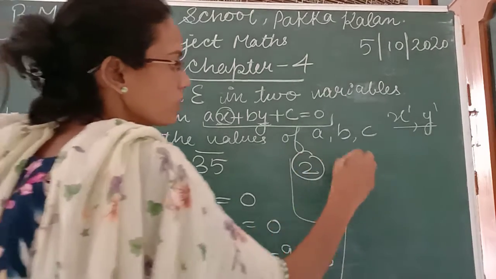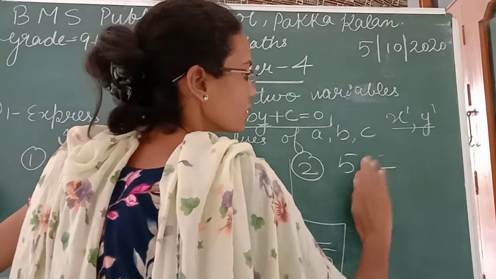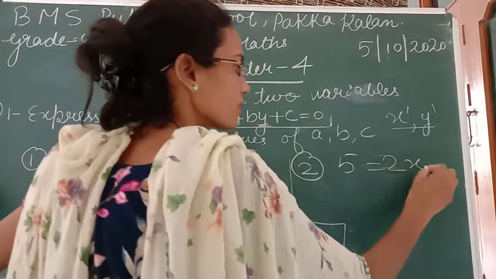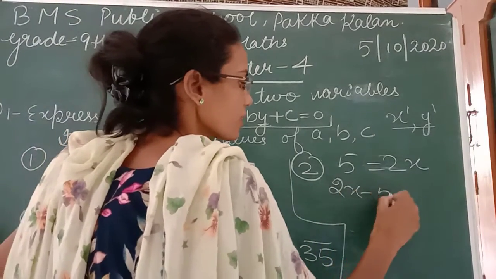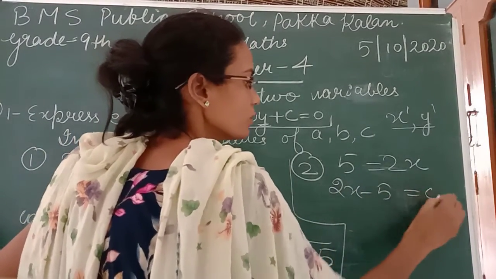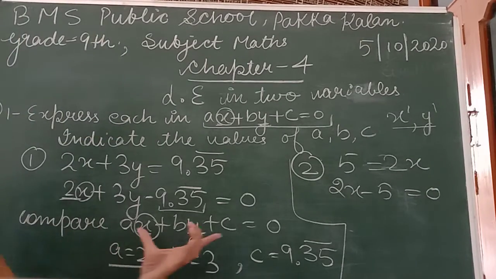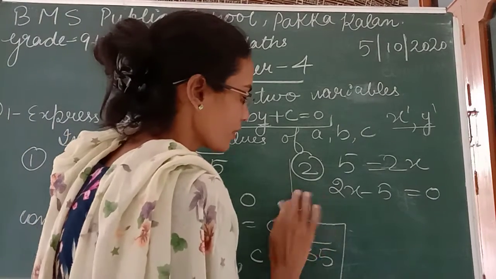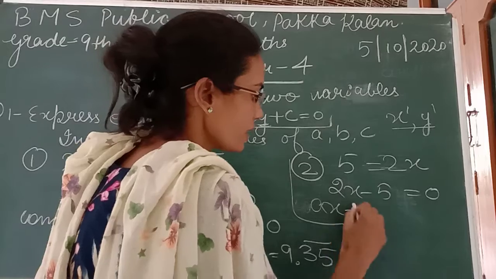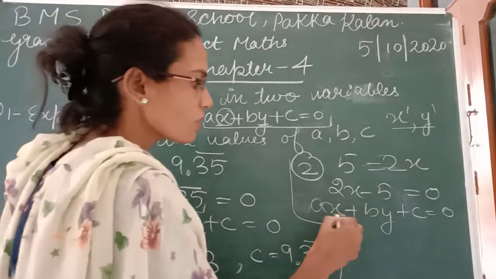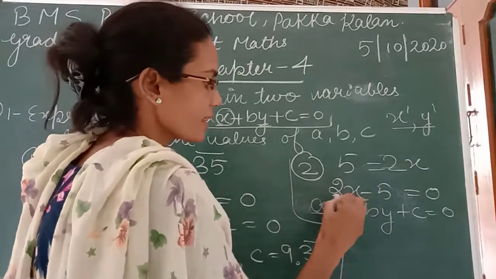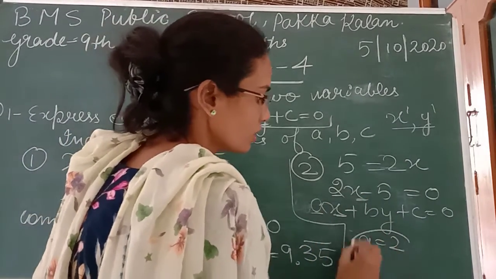Now let's take another example. Question number 2: 5 minus 5 is equal to 2x. So write that 2x minus 5 is equal to 0. Now compare again with ax plus by plus c equal to 0. The x coefficient a is equal to 2.